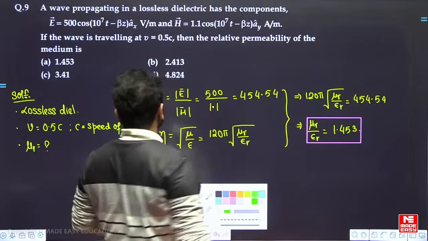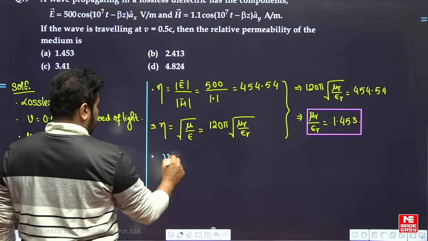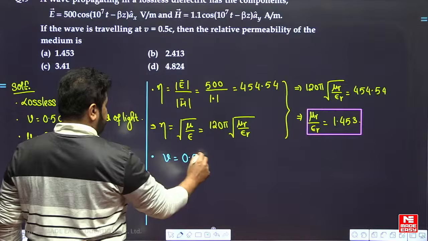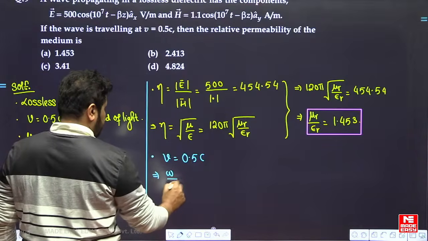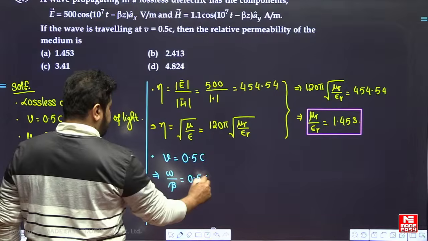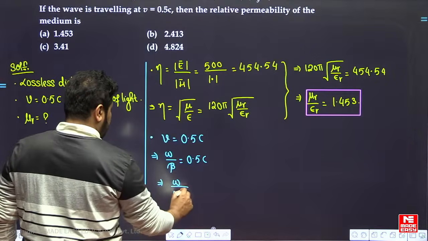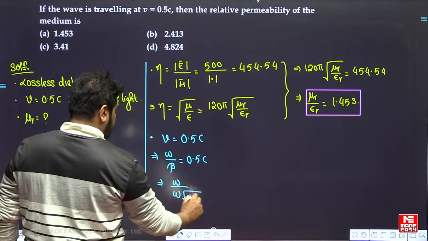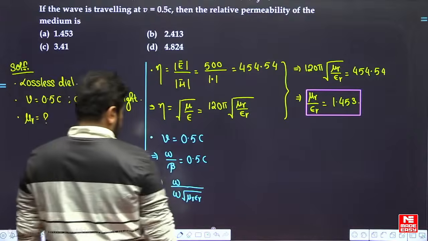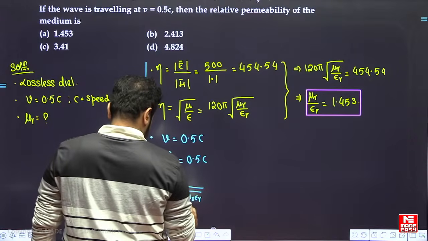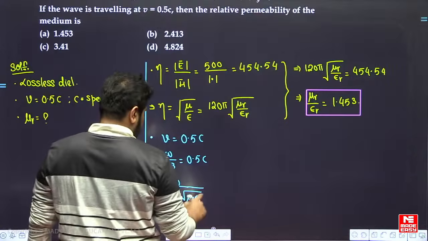Further, V is given as 0.5 C. What is V? V is equal to omega upon beta, which is equal to 0.5 C, isn't it? What is beta? Beta is equal to omega root under mu r into epsilon r, omega by C root under mu r epsilon r.